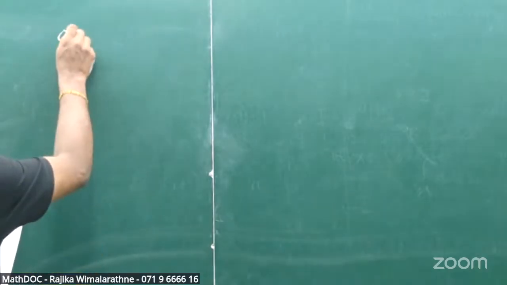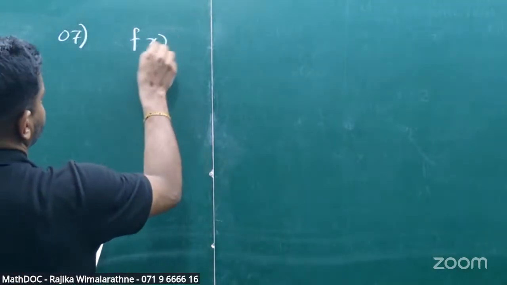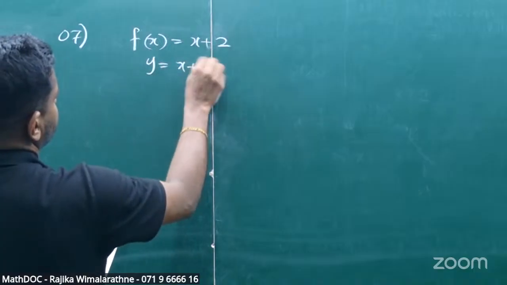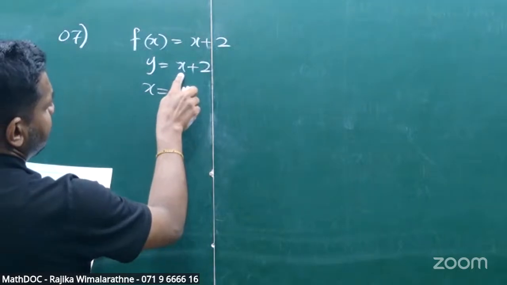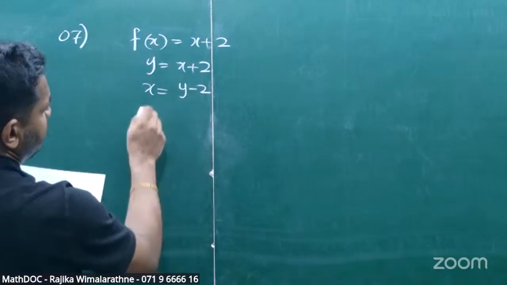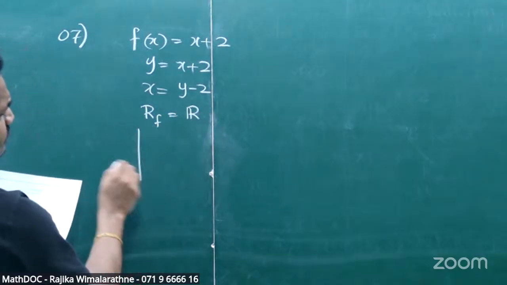Question number 7. Here f(x) = x + 2, so y = x + 2. When finding the range, you subject x: x = y - 2. Then any y value is possible. Therefore, the range is the real set. Or otherwise you can do it this way.